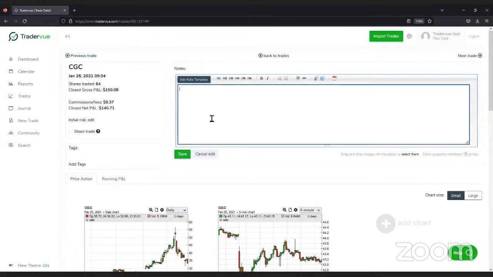If you want to explain how it went with the trade, you can grade the trade. You can put grade equals A, or you can put lessons and start writing whatever information you think about the trade.